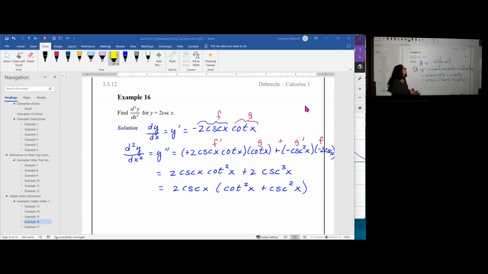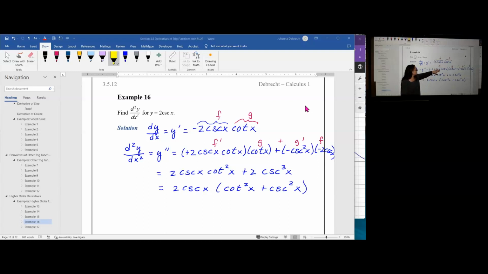So let's see what we get for example 16. I took the first derivative of 2 cosecant x to get negative 2 cosecant x cotangent x. That's a product, so I will need the product rule. To take the derivative of the first part, I attach the negative 2 to the cosecant, so I have only 2 factors.